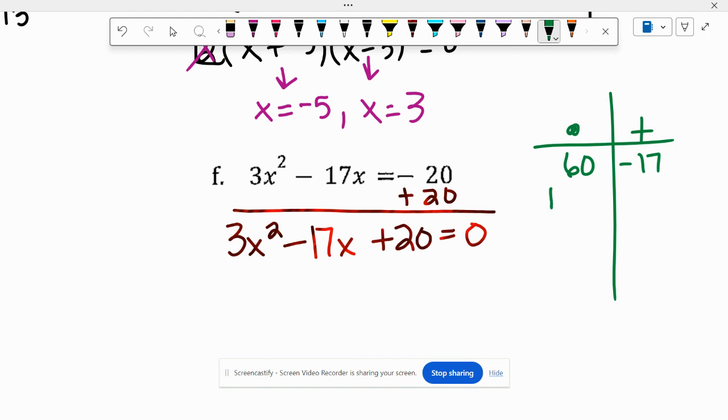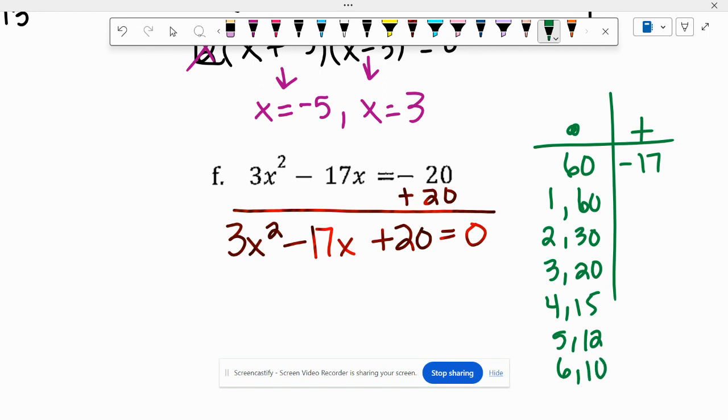Let's see. I'll just start listing factors of 60. Hang on, let me list them so everyone can see it. You tell me if you can find a difference of 17. 1 and 60, 2 and 30, 3 and 20, 4 and 15, 5 and 12, 6 and 10.